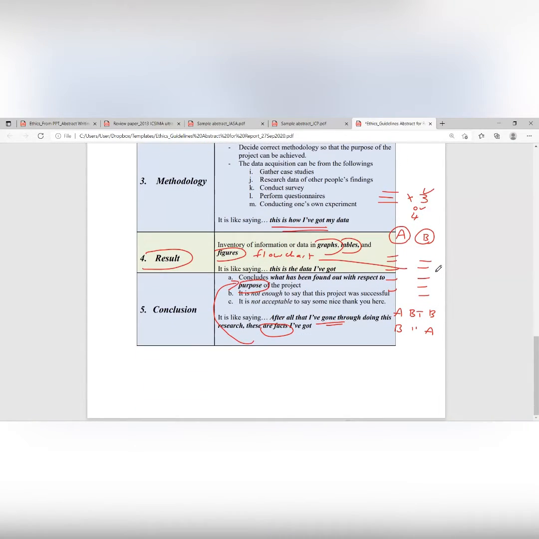And then the result, mention some facts, in terms of numbers. So in my field of study, facts normally are in decibels, in dB. Maybe if you study electrical engineering and so on, how many volts, how many amps, how many amperes, right?